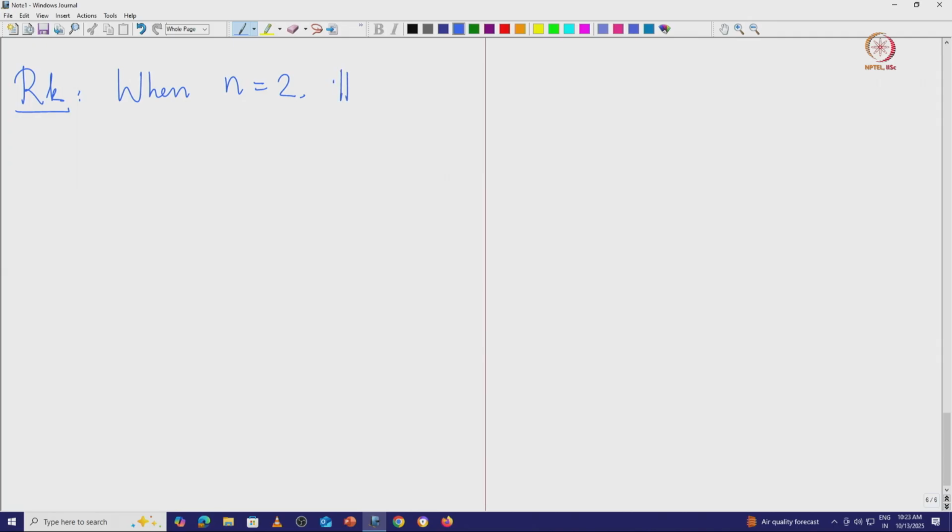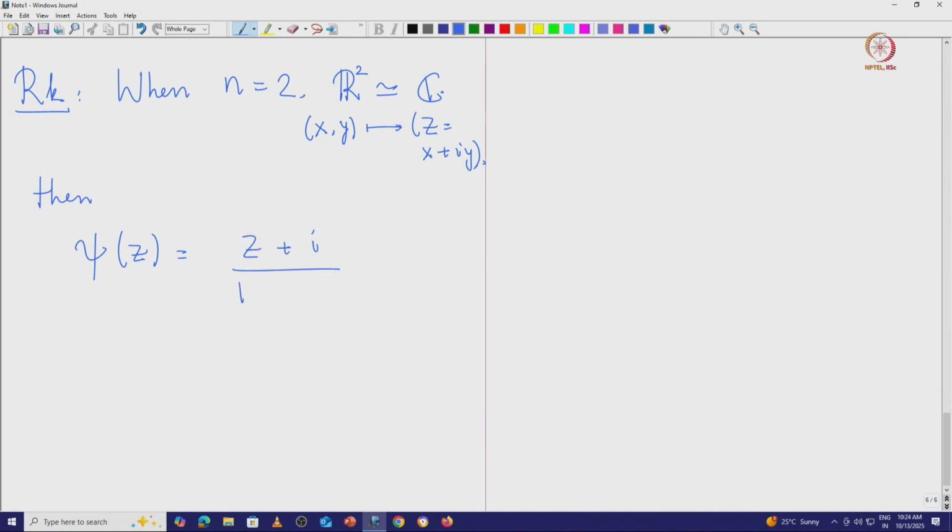If you identify R2 with the complex plane, so the point (x, y) is identified to the complex number z equals x plus iy, then this map psi in these complex coordinates is precisely given by a Mobius transformation. Okay, and this is actually a familiar Mobius transformation. This is simply the Cayley transform.